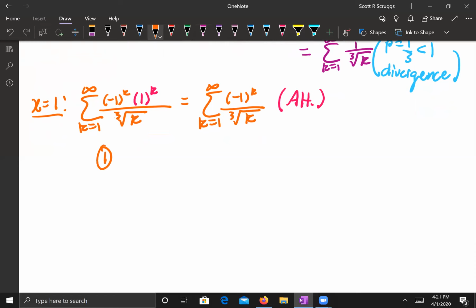Check that my positive term is non-increasing, in which case b of k is 1 over the cube root of k. And now we have to check that this guy is decreasing or non-increasing.